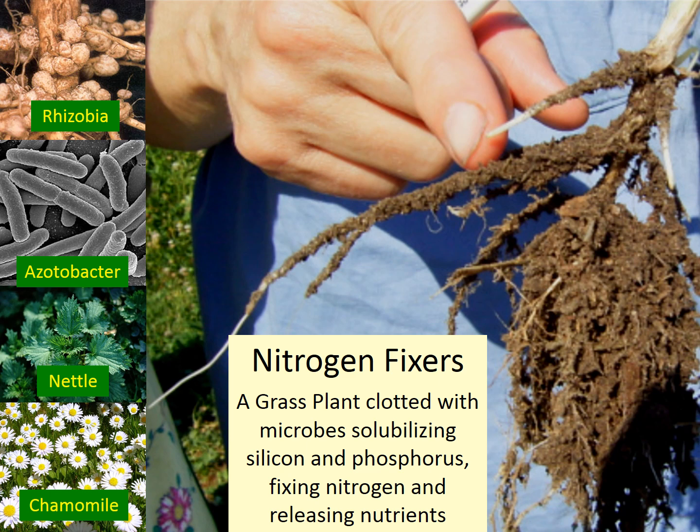But in that case, the rhizobia are being protected in those nodules by the soybean plant, and the soybean plant is feeding those rhizobia. It's feeding it calcium and other minerals, and it's feeding it sugars. So you get nitrogen fixation in the nodules.